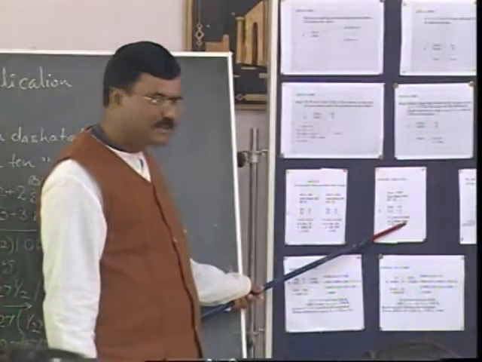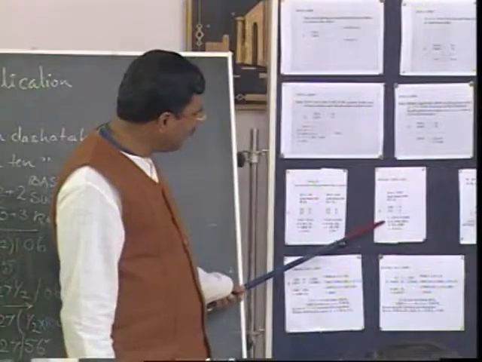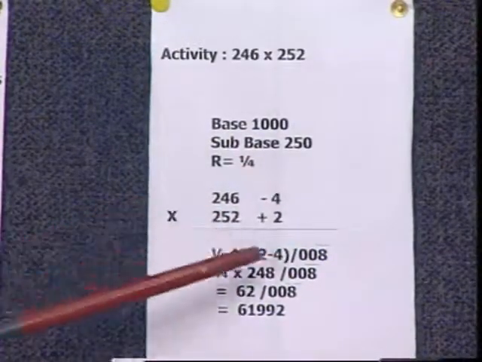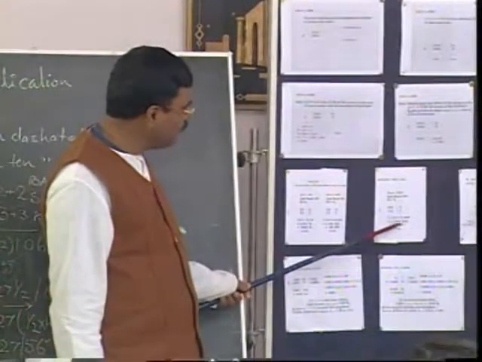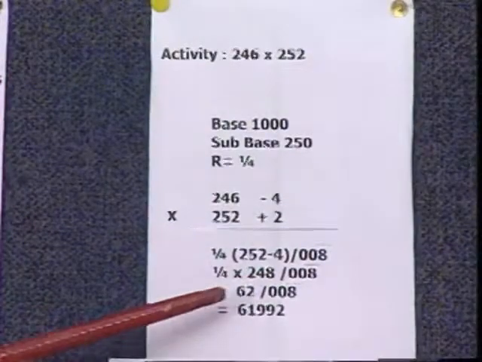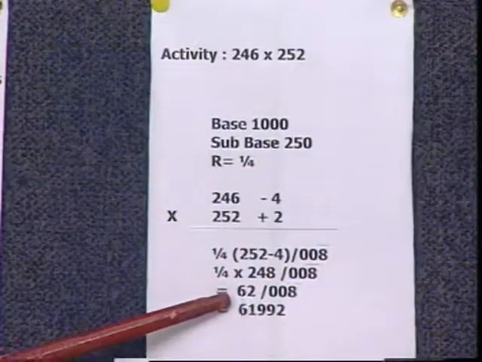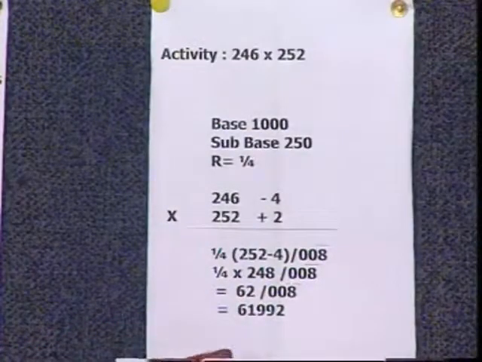That is the right part of your answer. To get the left part, 252 minus 4 or 246 plus 2, you will get 248. 1/4 of the 248, you will get 62 as the left part of your answer.